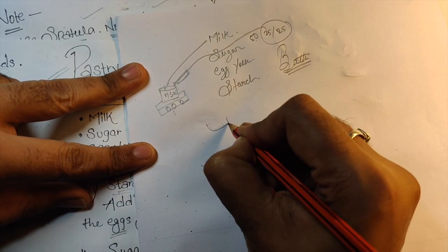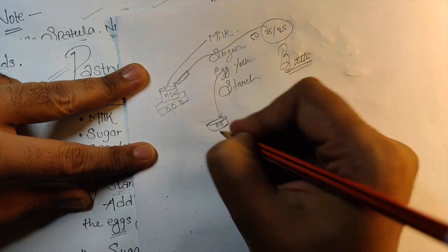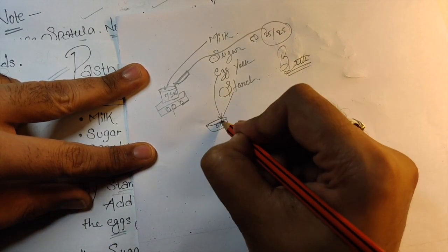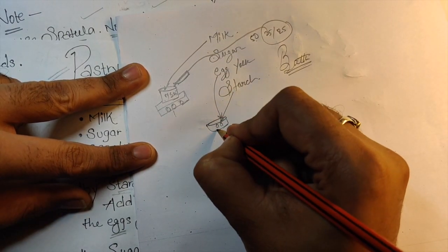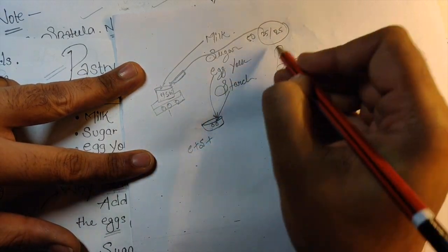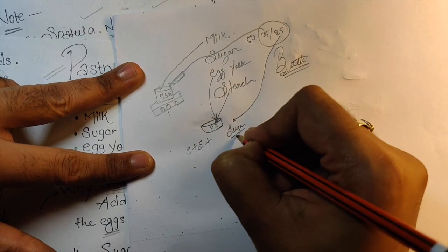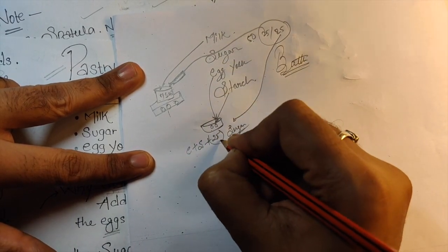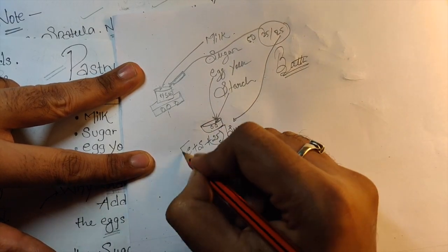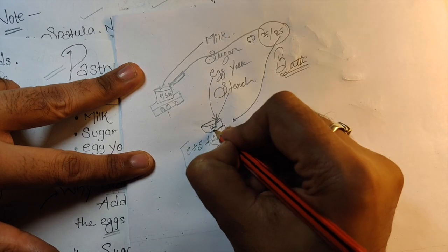Here, one bowl. Okay, so we'll add this yolk. Clear? Starch, all the starch here with the eggs. Clear? So egg plus starch plus 25% of sugar. Clear? So these three I'm going to keep in a separate bowl and I'll try to mix all together.